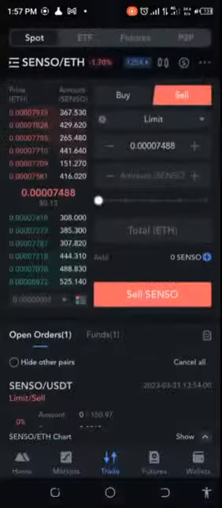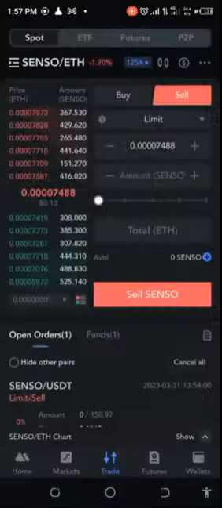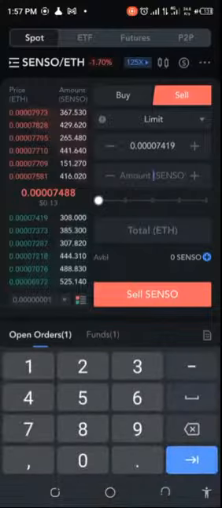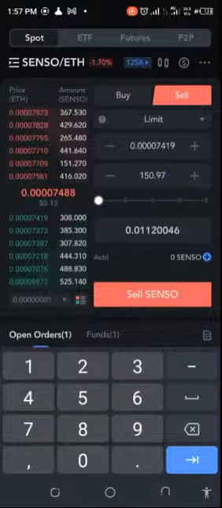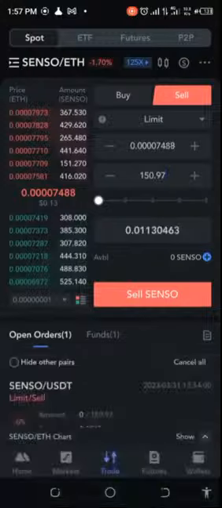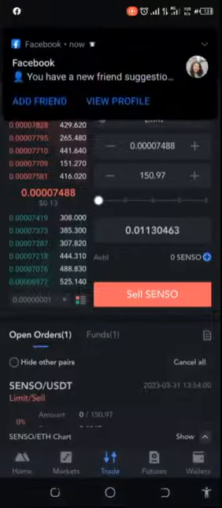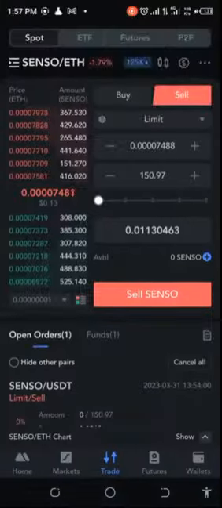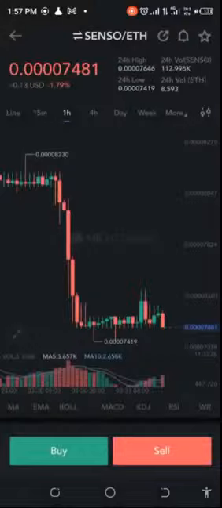So what I have here is, if I pick this 7419 and I put 150.97, no. I don't think I want to do that, because if I tapped here, it's going to give me this. But even with that, I can see that it's actually going low. So because of that, I don't think it's a risk I want to take.